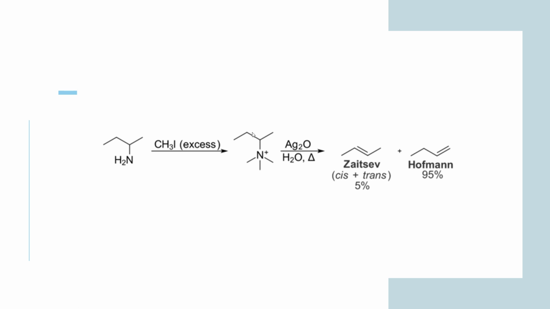You already have this sterically bulky ammonium substituent here. That is why, when it comes to deprotonation, the proton abstraction will happen from the sterically least hindered side of the substrate.